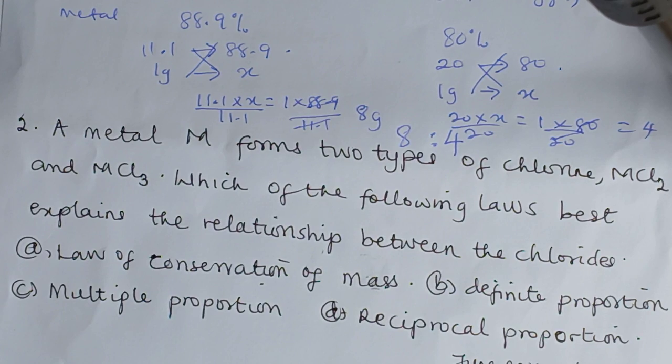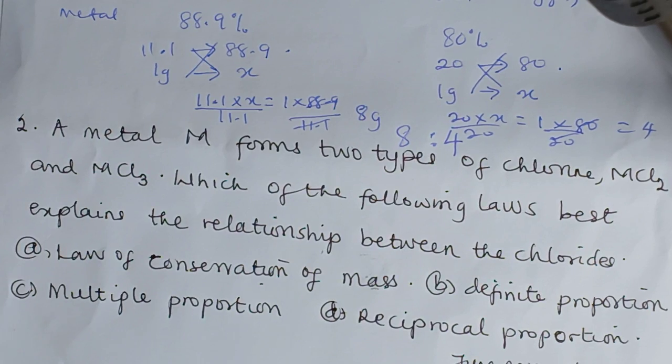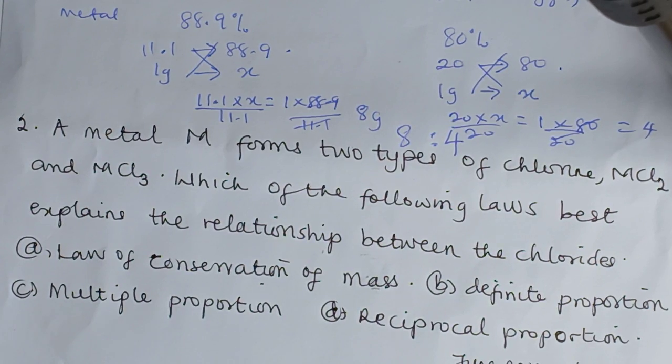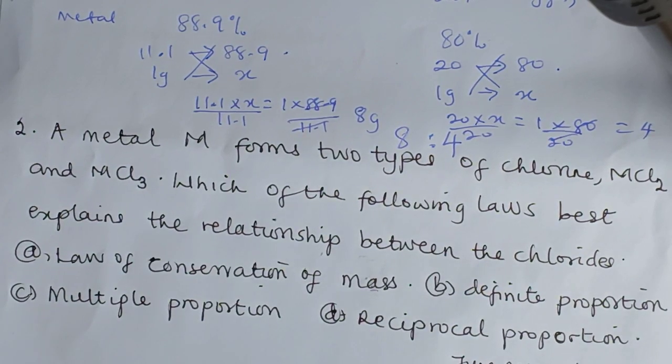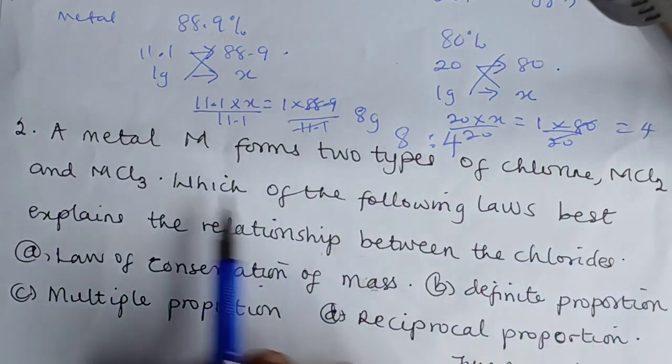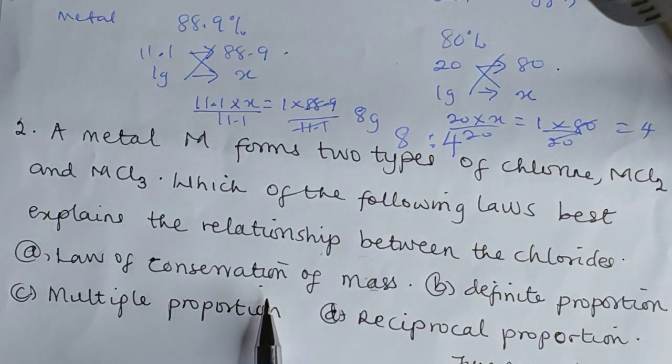And the law of conservation of mass only deals with the equality in the mass of reactants and the mass of products, to show that matter is neither created nor destroyed. And so from what you have here, we can see 2 different ratios, 2 to 3, which are simple whole number ratios.